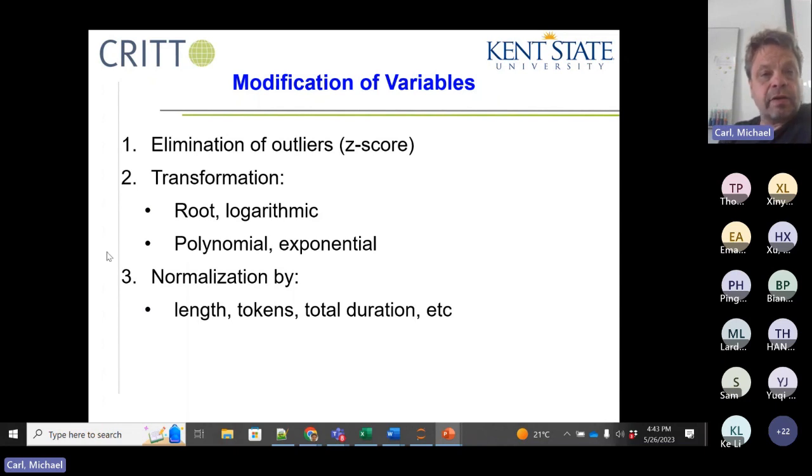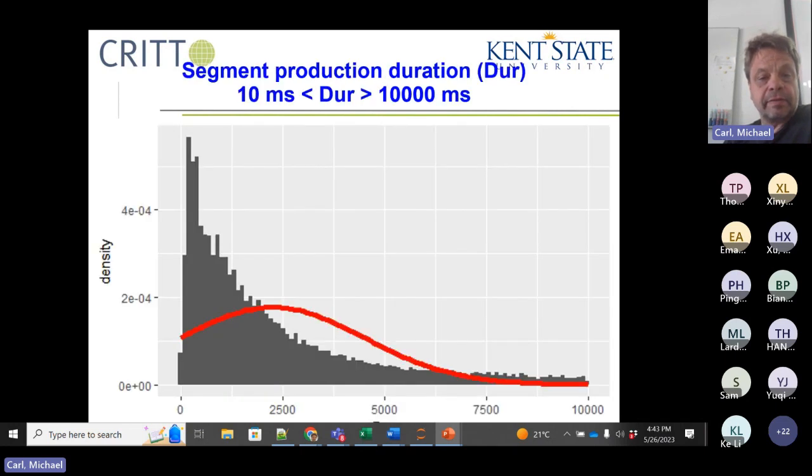So these are different ways of modifying variables to find better results, or to better compare different instances, for instance, longer and shorter texts or longer and shorter sentences, something like this. Here's an example of duration.